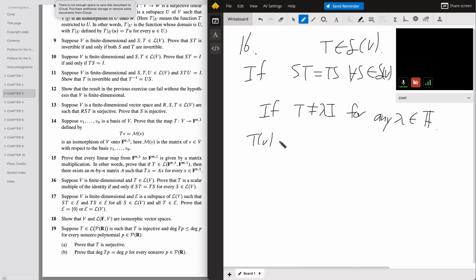So then T of v is not equal to lambda v for some v. Then S of T of that v, let's say, so S of lambda. How can I exploit this? Is there even a way to exploit this?